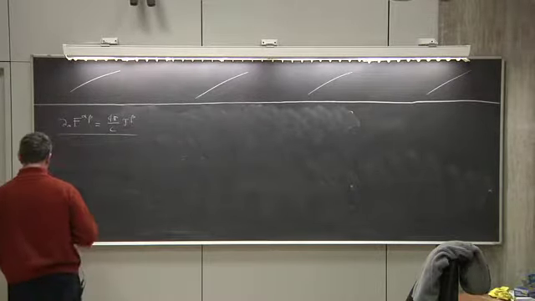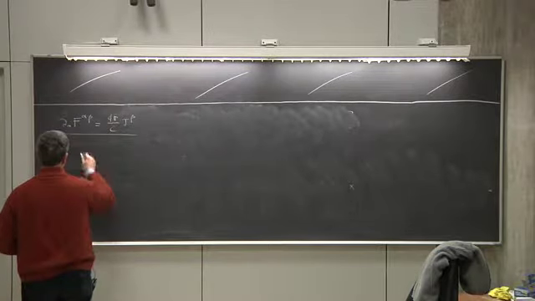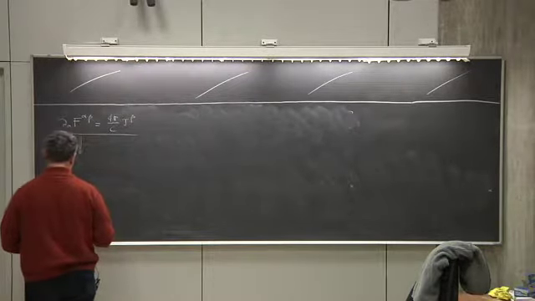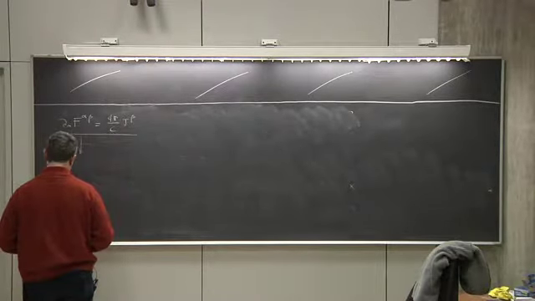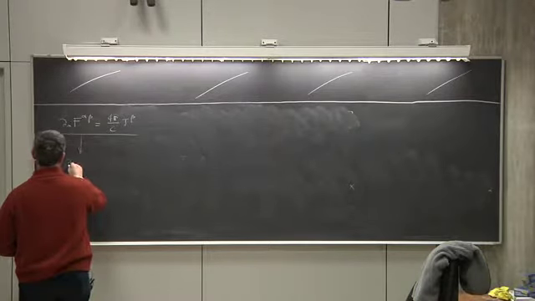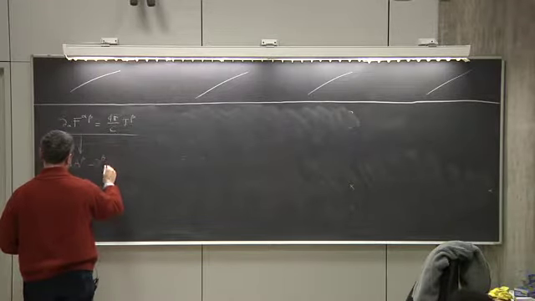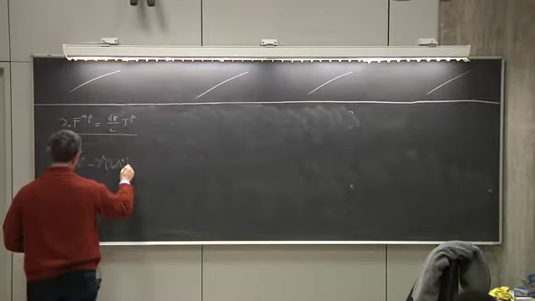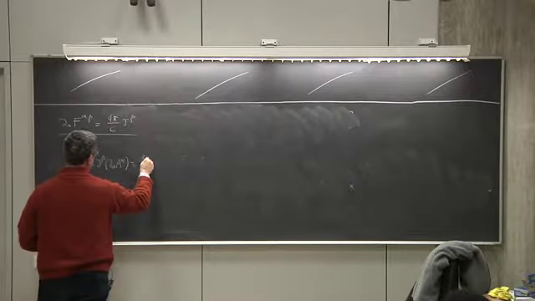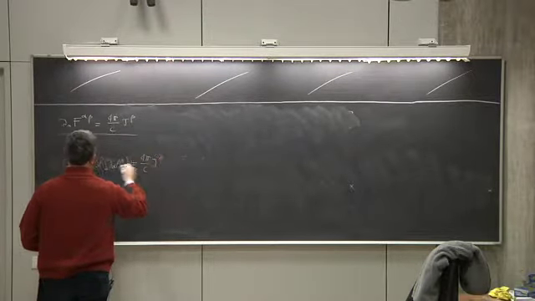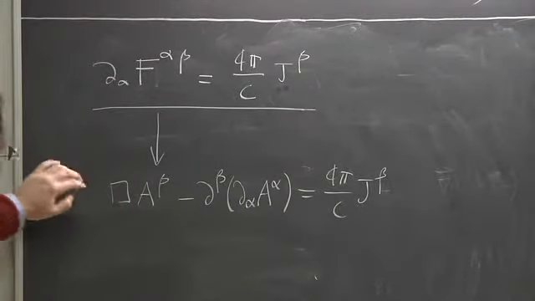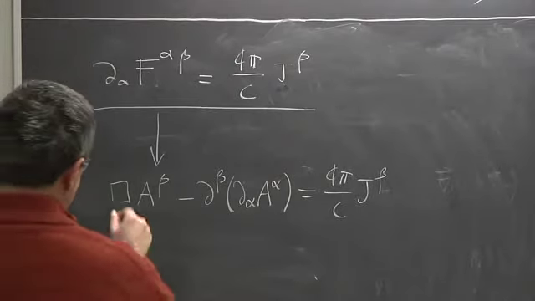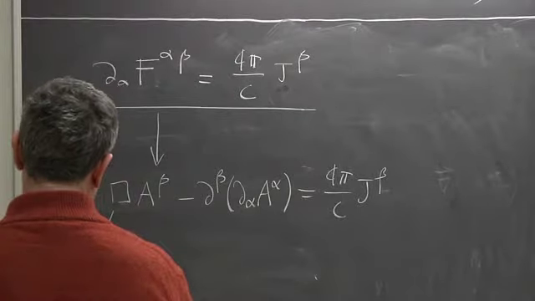And the way to do it, instead of solving directly, we do the same that we did back then. So we introduce the four-potential, right? And you remember that the equation satisfied by the four-potential is this, okay? So this square is d alpha d alpha in 4 dimensions.